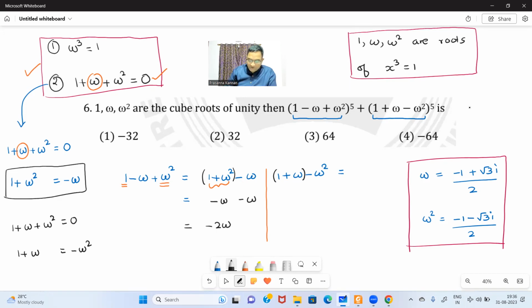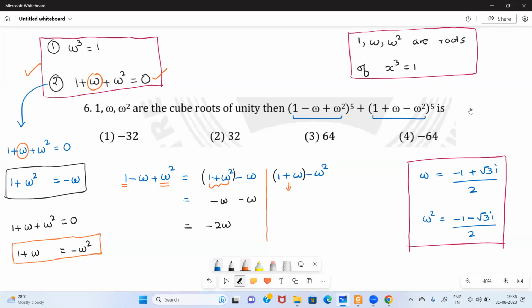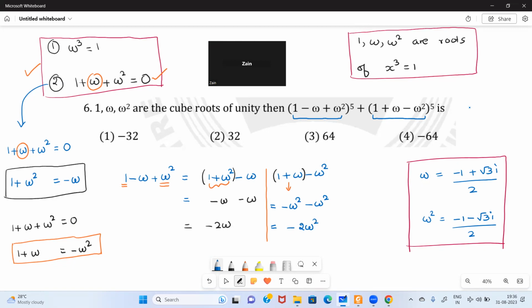So in place of 1 plus omega, I can write minus omega square. Yes, very good. So minus omega square minus omega square becomes minus 2 omega square.